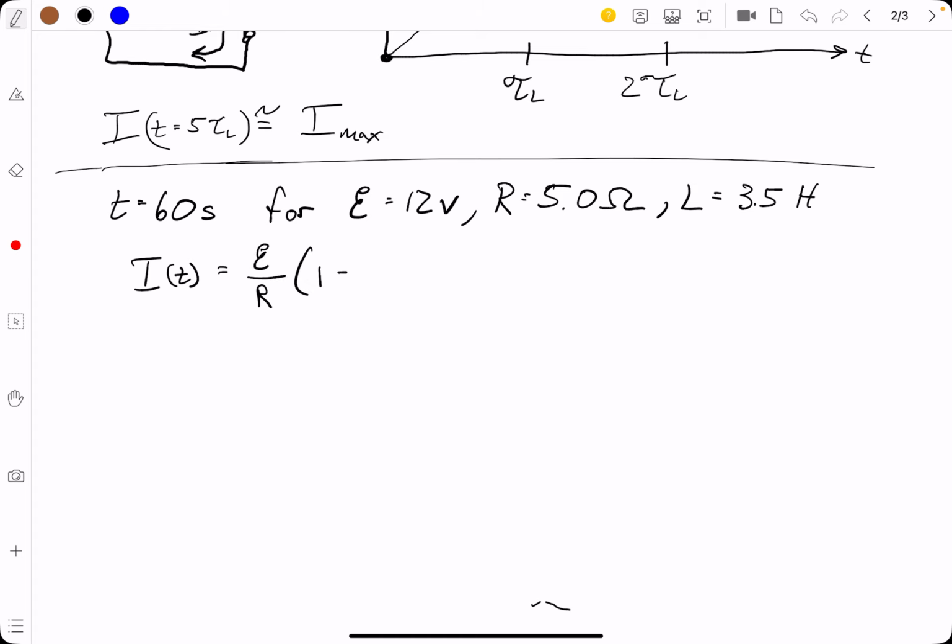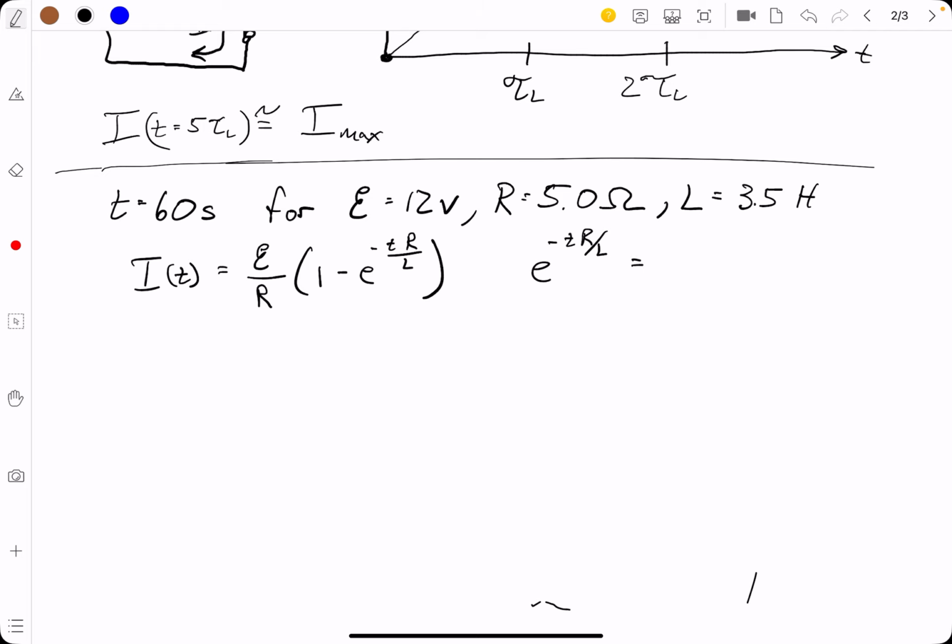We've got our 1 minus E to the minus t times R over L. Okay, we can stick all those things in there, and that's going to give us, before I do, you want to figure out what E to the minus t R over L is.